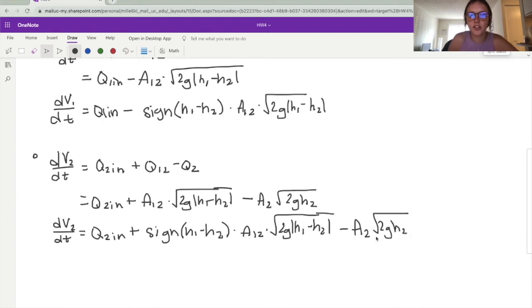And for this section, we don't have to compensate for the sign because we're not subtracting anything. H2 is going to be a positive value.